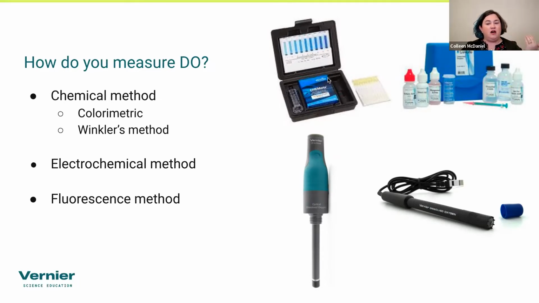Both the colorimetric method and the Winkler's or titration method are going to require you to actually use up some of your water sample. And so if you're measuring, say, eco columns, your volume of water in there is kind of limited. So if you take water out, you're going to have to add water back in. The other thing that I found when I was teaching AP Environmental is I didn't like the amount of waste that these CHEMetrics kits were producing.